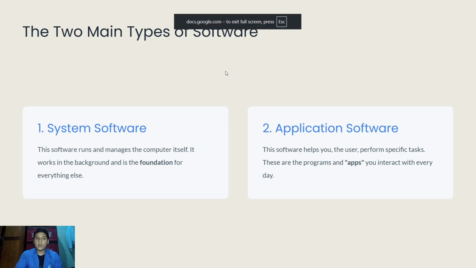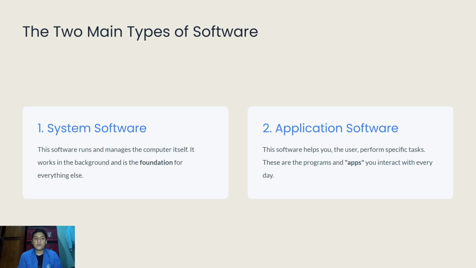Let's go ahead to the first slide. There are two main types of software: system software and application software. The first one is system software. This software runs and manages the computer itself.